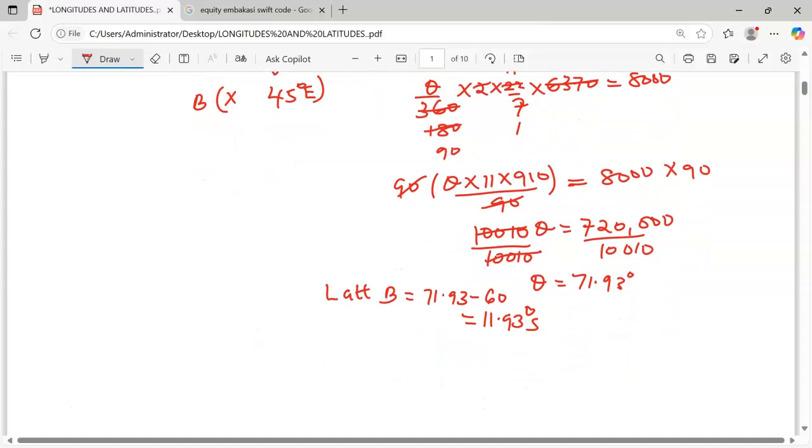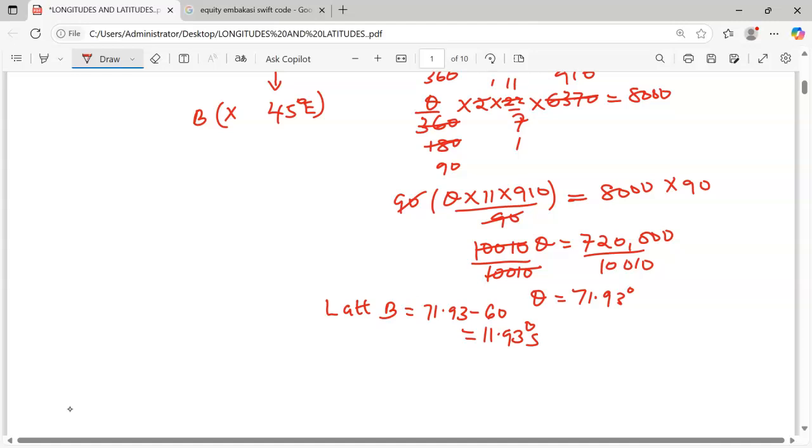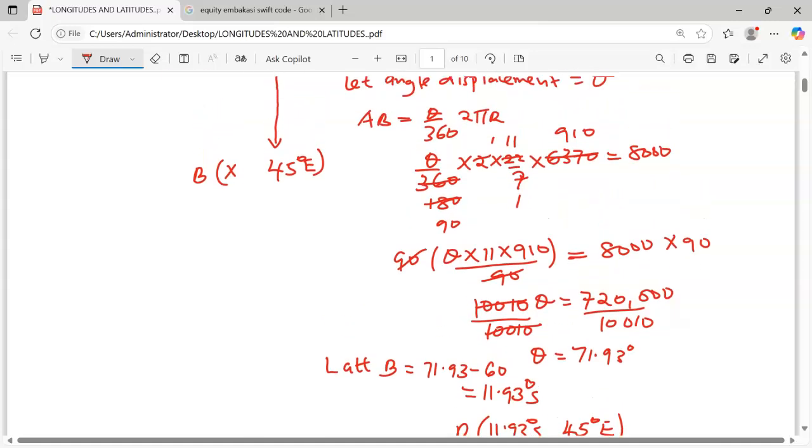That means now for us to get the position of B, we are going to have 11.93 degrees south, but the position in terms of the longitude will be 45 degrees east, and that becomes the answer to this particular question.